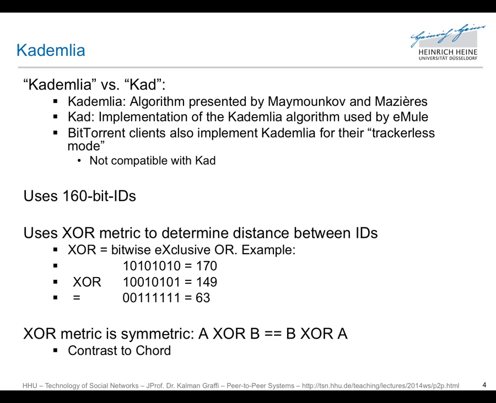And the difference to Pastry: Pastry would have in this case, so this would be the case when we have Pastry with only two characters, so b equals 1. But here we have the option that for every distance we have a bucket, that means multiple entries are possible.